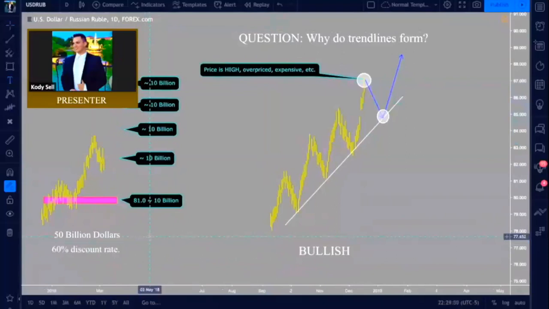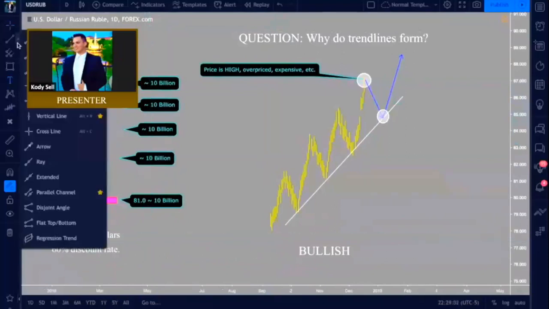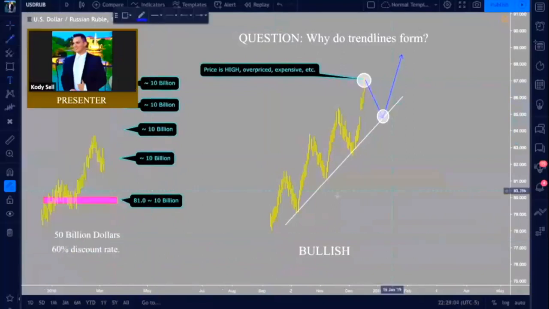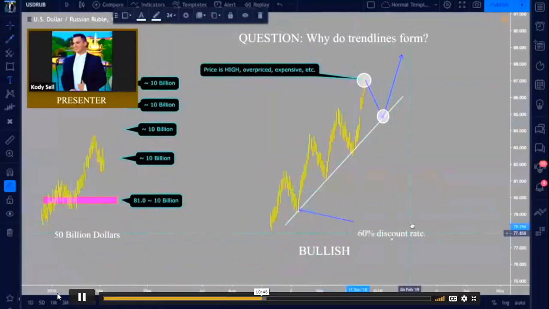So I want you to imagine that over here on the right-hand side, when we looked at this bullish market, what you're actually seeing is a 60% discount rate buy order. Everyone taking notes, I want you to take note of what I'm about to tell you, okay? All the notes you're writing down now should be for a bullish trend.